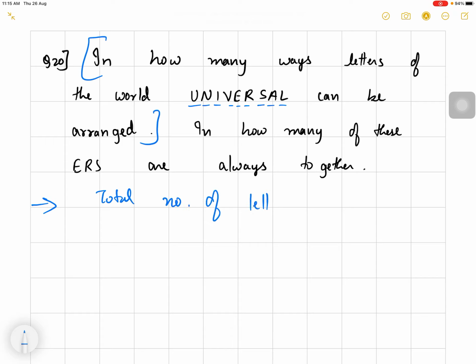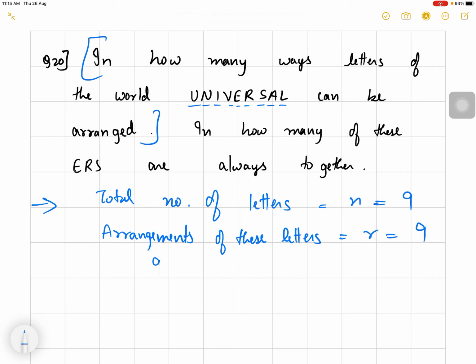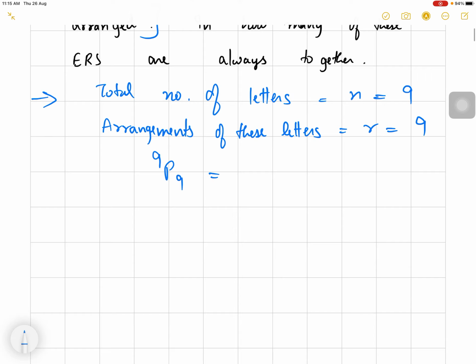Total number of letters, which is N, is equal to 9. Arrangements of these letters, which is R, is also 9. So 9P9 will be, we'll write the formula once, because for writing the formula there is 1 mark. So nPr is equal to n factorial divided by (n minus r) factorial.